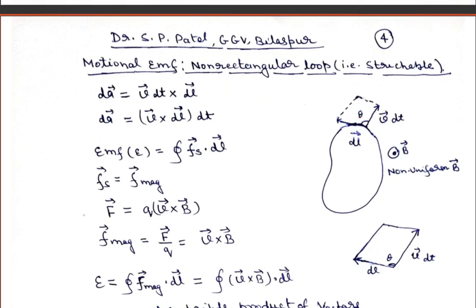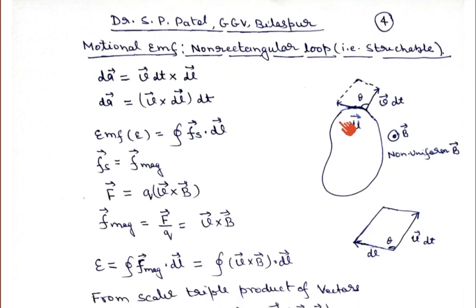Basically this circuit is a conductor, so this conductor has charges. So the source of force per unit charge is equal to small f magnetic. Capital F is the Lorentz force, F is equal to q v cross B. So small f magnetic is capital F divided by q, that is v cross B.